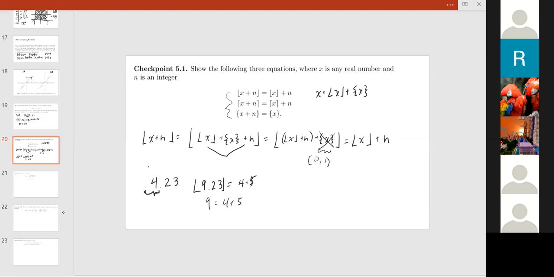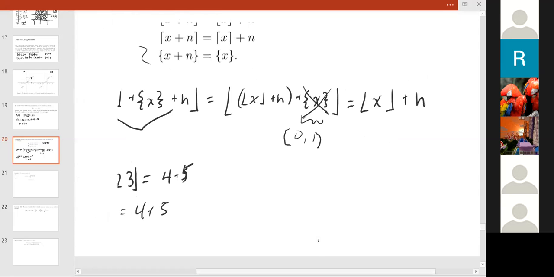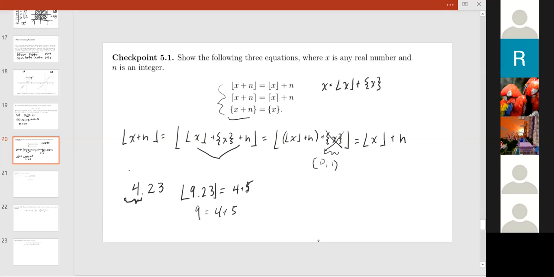These are easy to see just by looking at examples. For the last one, we have the fractional part of x plus n is equal to the fractional part of x. Again, when we add an integer, you're just affecting the part before the decimal place, so that does not affect the fractional part of x.